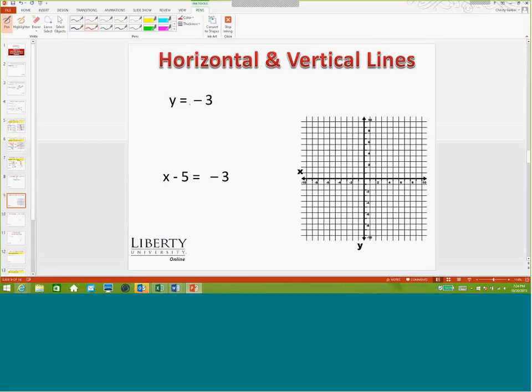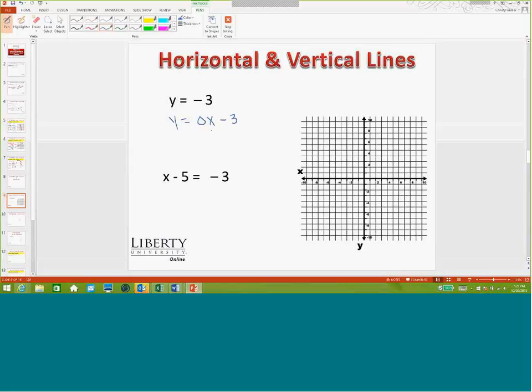They're a little bit different because you see this equation doesn't have an x. It's just y is equal to a constant number, and this constant number happens to be -3. We can look at it the same as y is equal to 0 x's - 3.